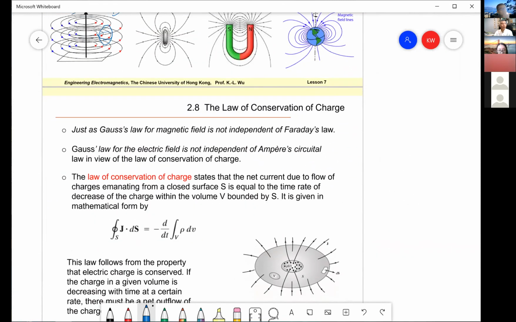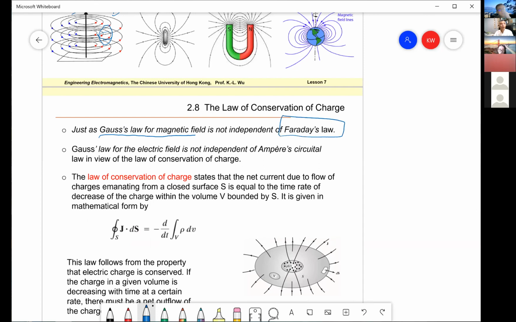And later on, we don't prove it from integral form right now, but it's much easier to justify when we deal with the differential form of Faraday's law and Gauss's law. The conclusion is the Gauss's law of magnetic field can be derived from Faraday's law.